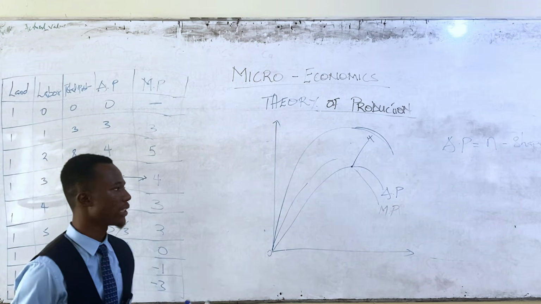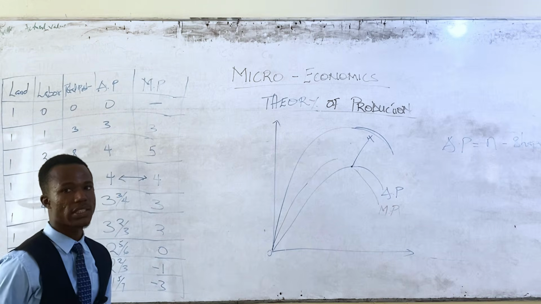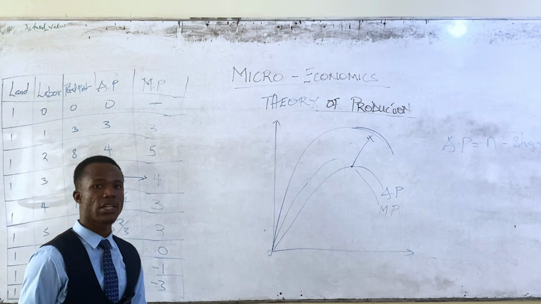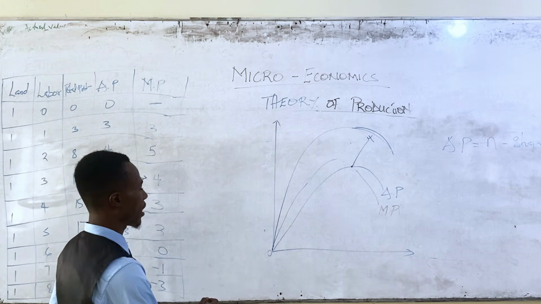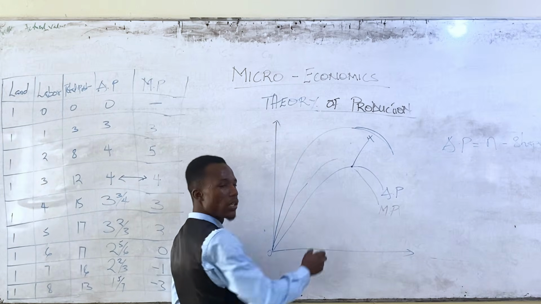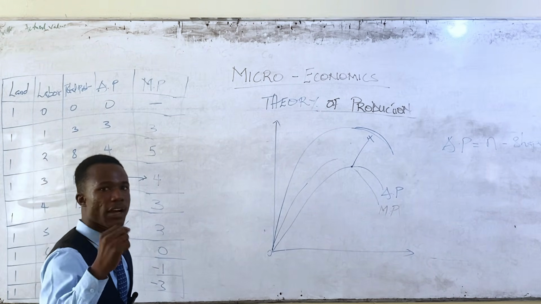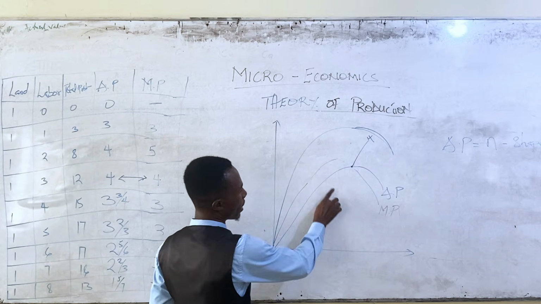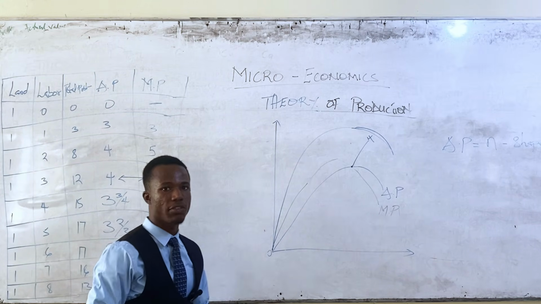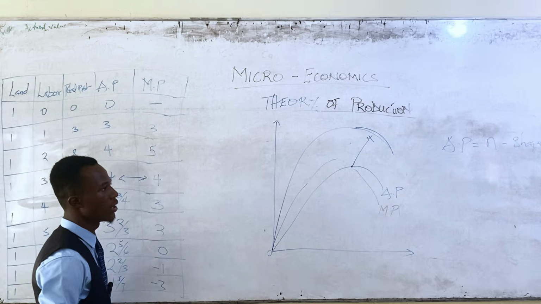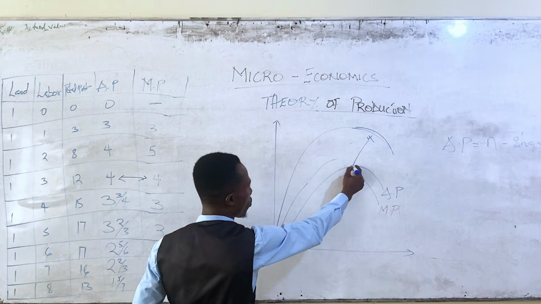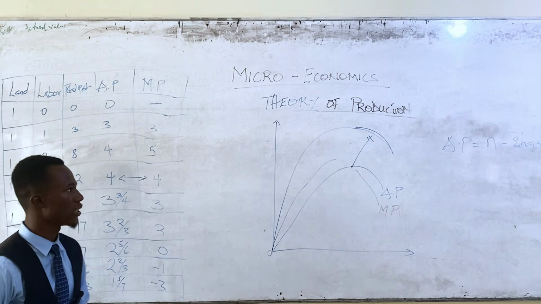In an examination you just have to know that the average product and the marginal product both rise at the initial stages. Both of them attain a maximum. Then after getting to the maximum, the marginal product passes through the average product. Is that okay? Yes, and that is the point here. I hope that is clear.